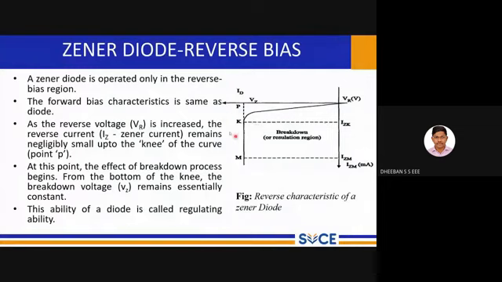After this knee point or breakdown point, the current starts to increase drastically. At this point, the breakdown process begins. From the bottom of the knee, the breakdown voltage Vz remains essentially constant. This ability of the diode is called regulating ability.